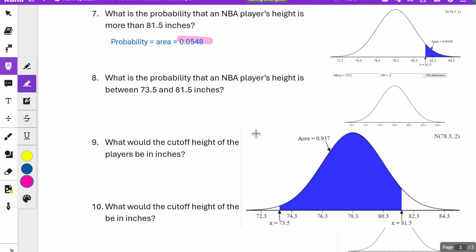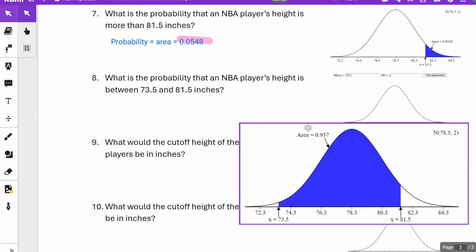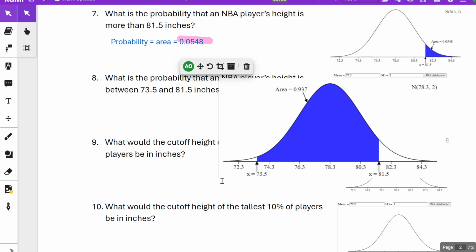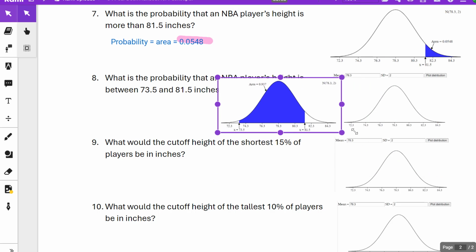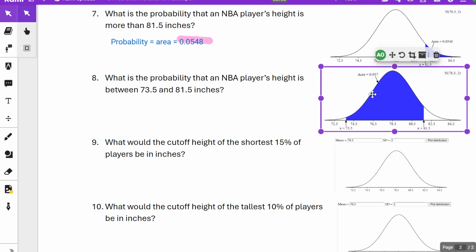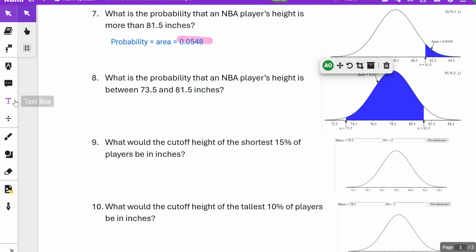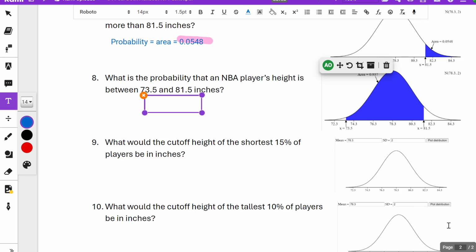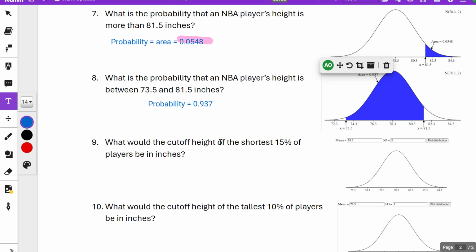That would have worked. And let's go ahead and see. There's the answer right there. Probability equals 0.937.